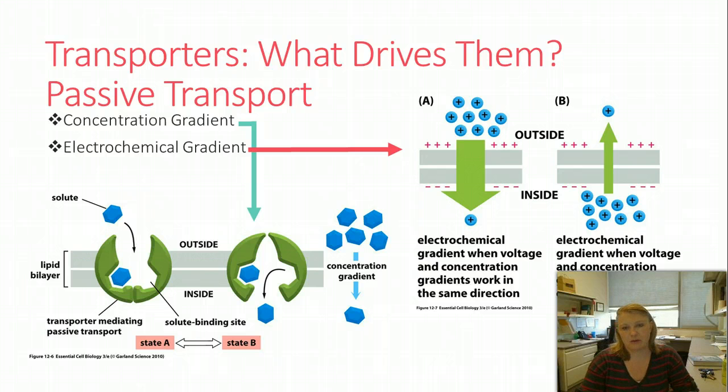If the electrochemical gradient's the opposite, then it does work to the same extent, but to a lesser extent. And so you can see how this charge will work. I know this electrochemical charge might be a little murky, but hopefully we'll clear that up in just a second.